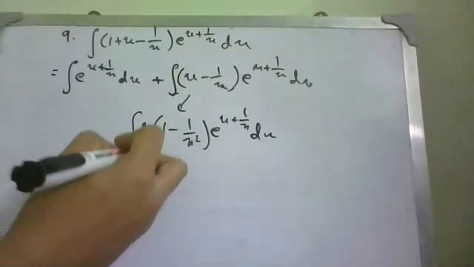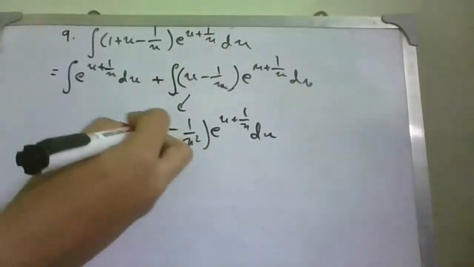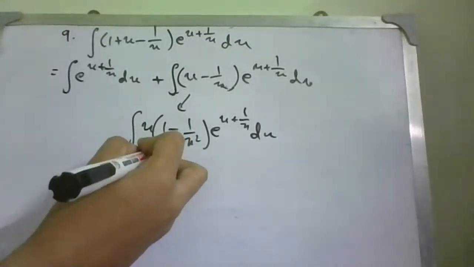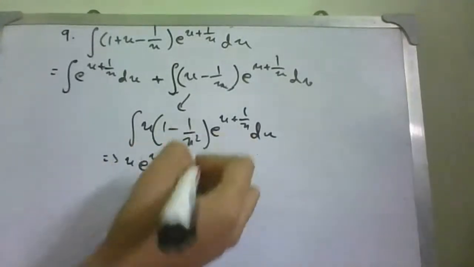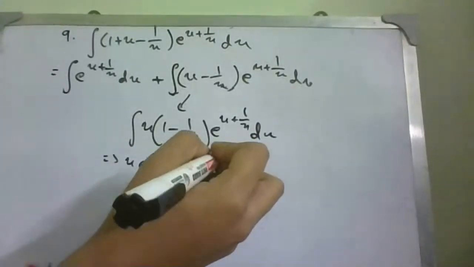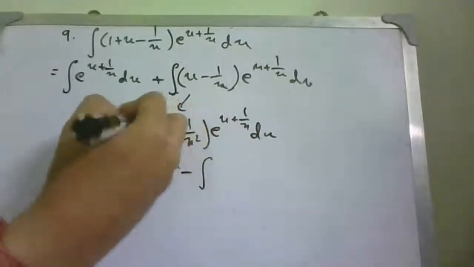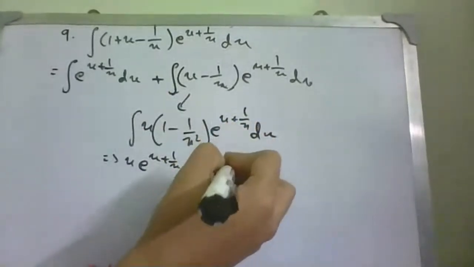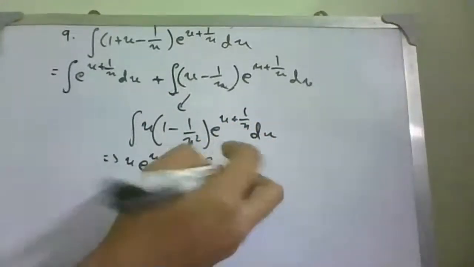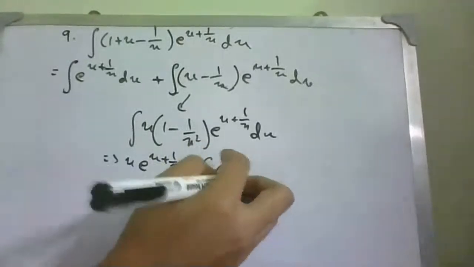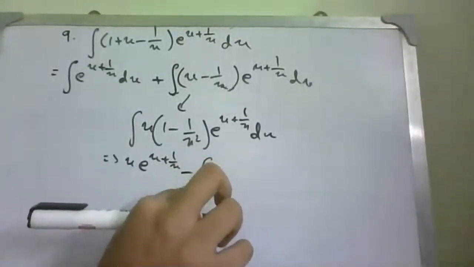So now if we apply by parts, let this be the first function, then we'll have something like this minus the integral. Differentiation of this thing is the same, and we are basically having the integration of this thing again.